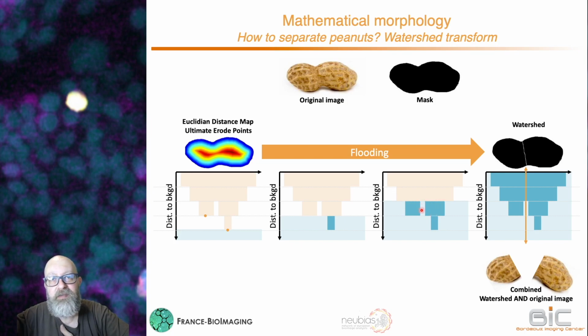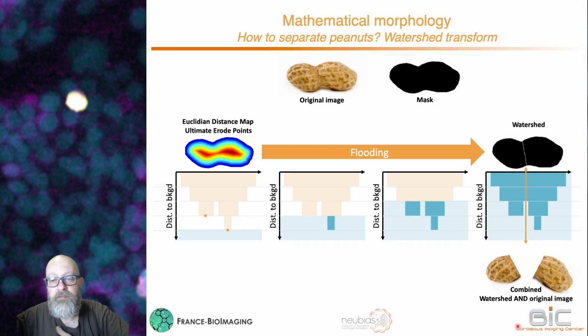But before it's merging, you will put a barrier in between the two, a barrier that is called a watershed. And by reporting the position of this barrier on the image, you may be able to separate the two basins that you were able to see here and here.